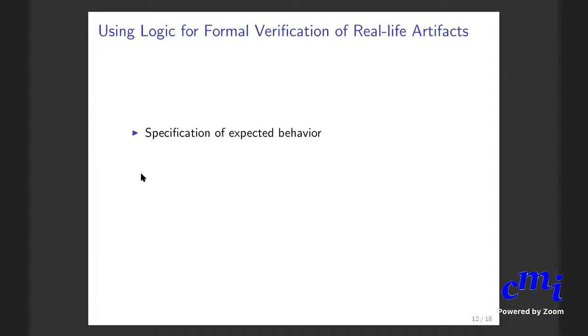The first example I'll use: in general, these are the steps involved in using logic, and in particular SMT solvers, for doing formal verification or checking certain properties of real life artifacts.